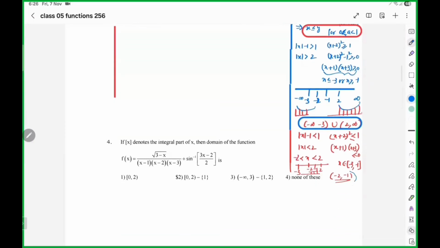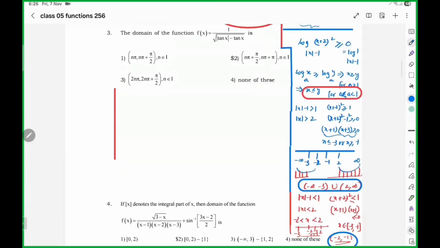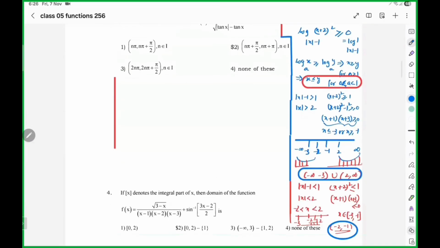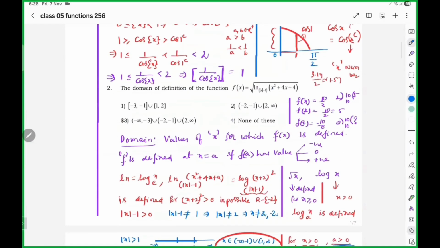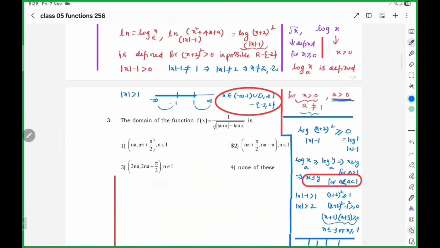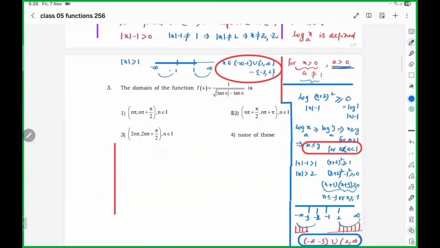Third solution is this. So combining all these solutions, I'll put some box.